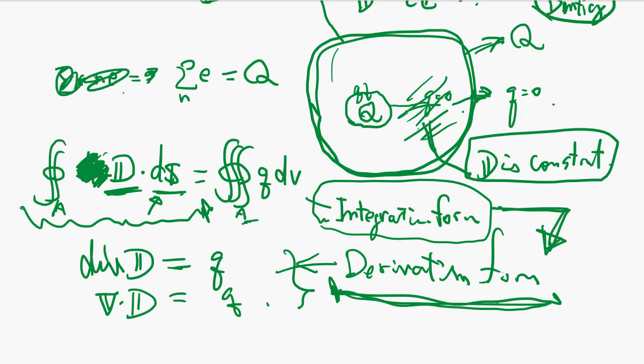Now the important thing is, what you can tell from this one is that the existence of Q changes D. This is a derivative, right? So D changes by Q. If no Q, D is constant in space. It doesn't change because the derivative is 0. And if there is a Q, if positive charge, then D increases.